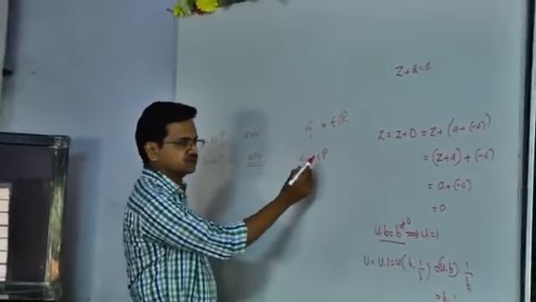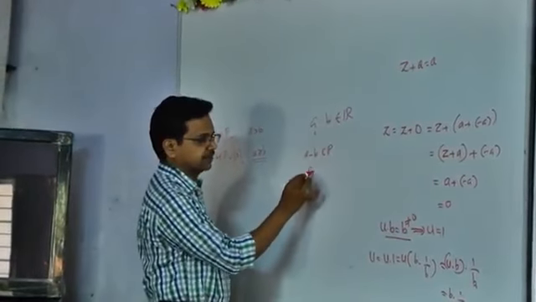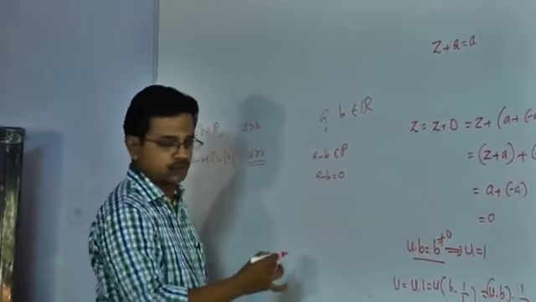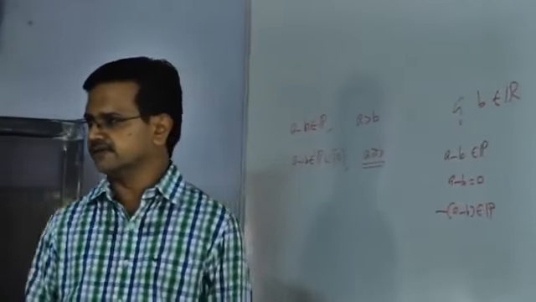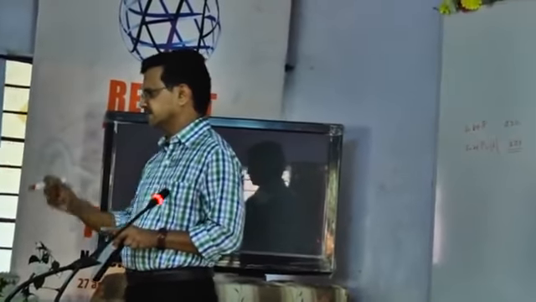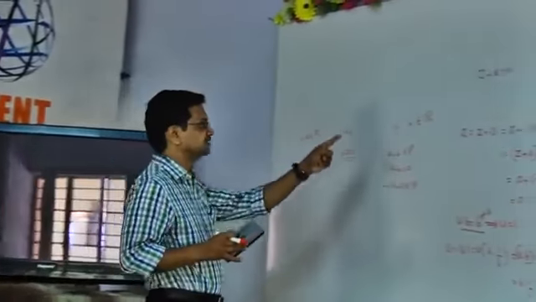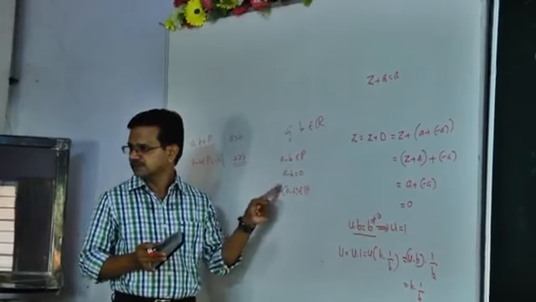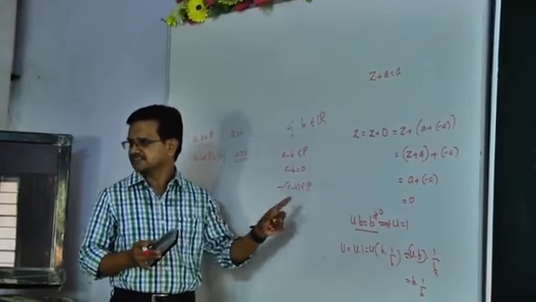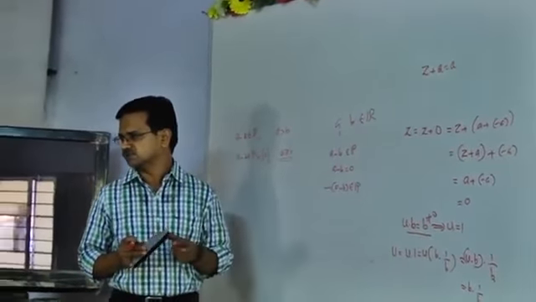Either it belongs to P, or A minus B equal to 0, or minus (A minus B) element of P. If A is a real number, then either A belongs to P, or A equal to 0, or minus A belongs to P. Here, A minus B is a real number. So, A minus B either belongs to P, or A minus B is 0, or minus (A minus B) belongs to P.